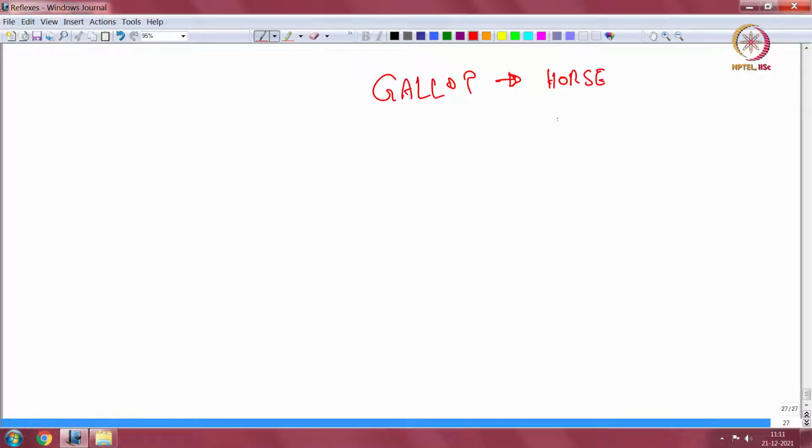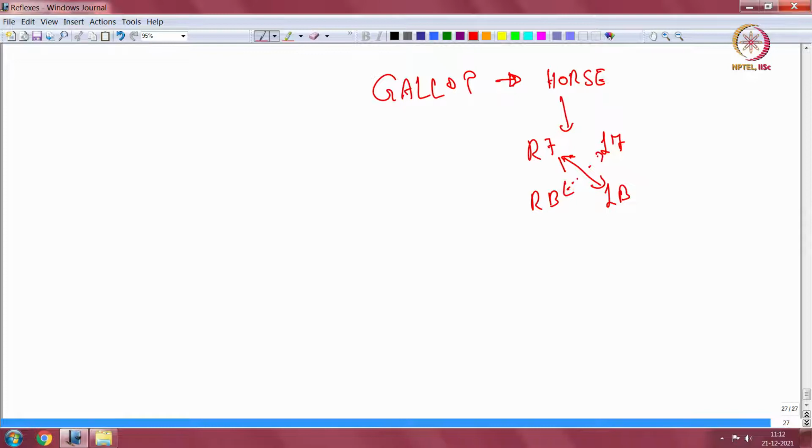Horses gallop, and the right front and left front, right behind and left behind. So, you have cross synchrony, and that is how you have a gallop. You have cross synchrony between opposing limbs for that function.